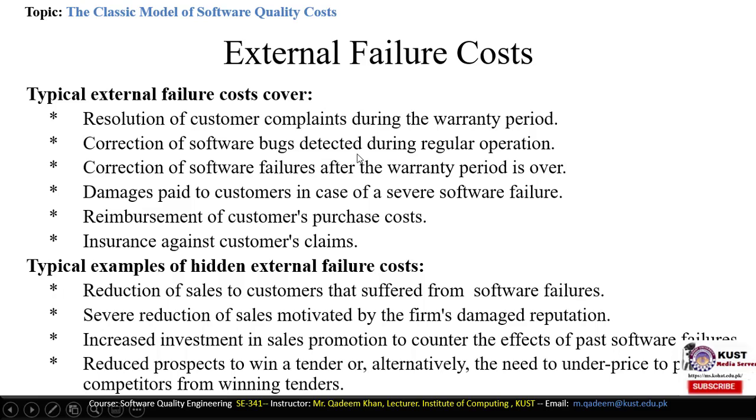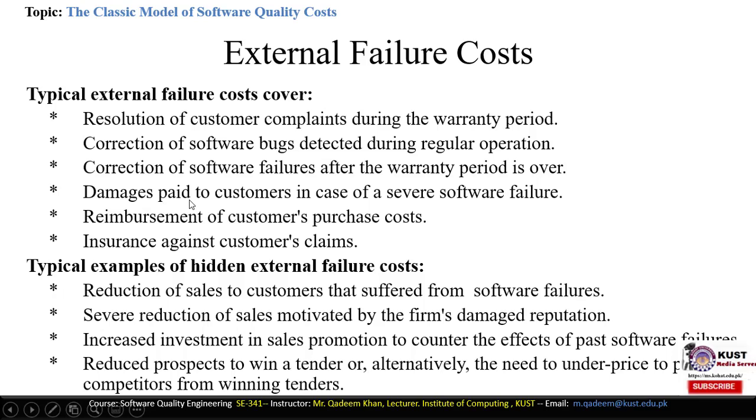Third, correction of software failures after the warranty period is over. When the warranty period is over, customers may still complain about software failures, and the correction or maintenance that occurs on those failures after the warranty expires is also a type of external failure cost.